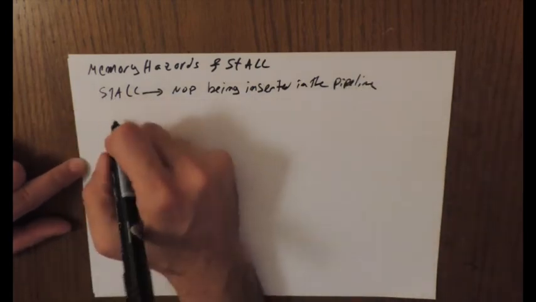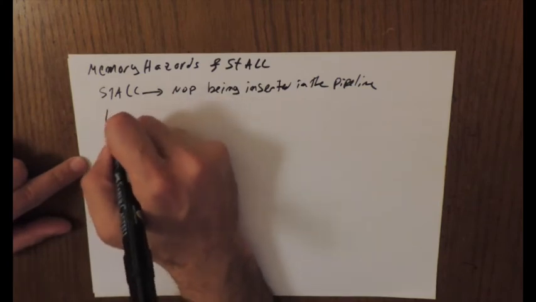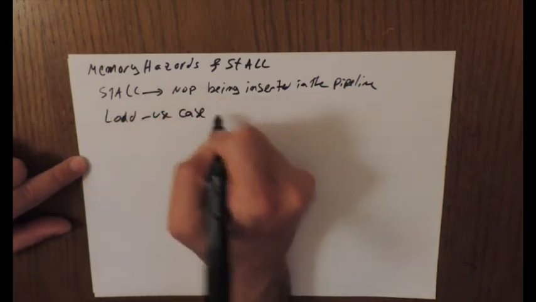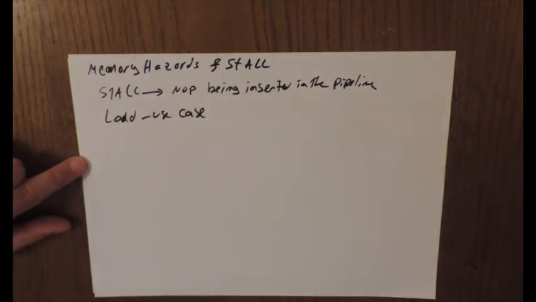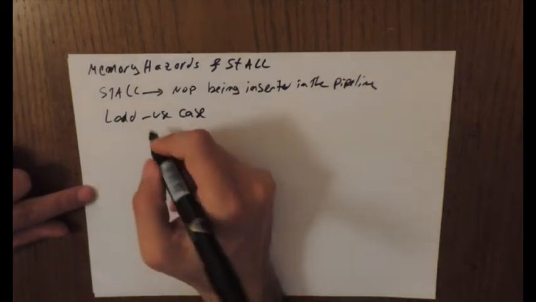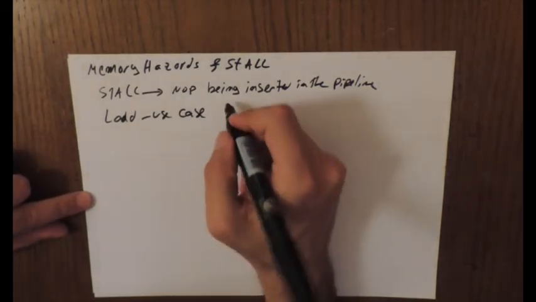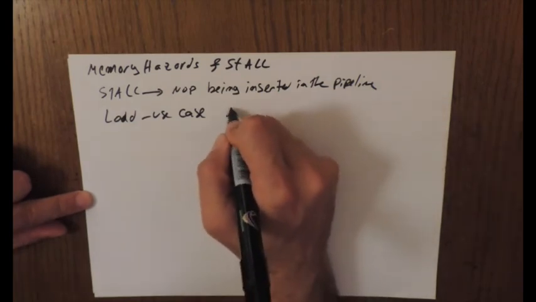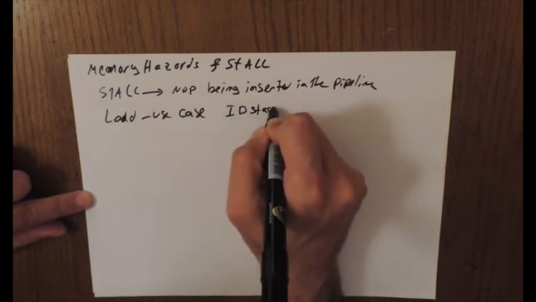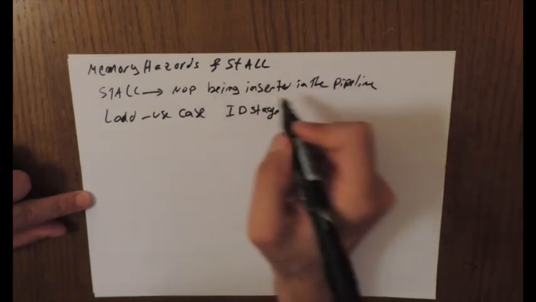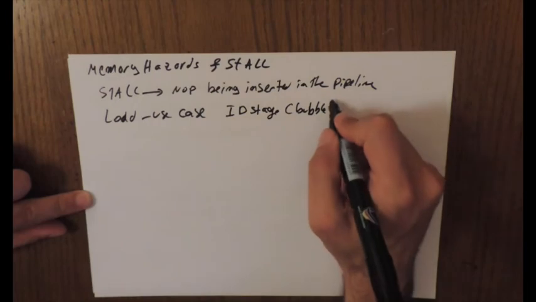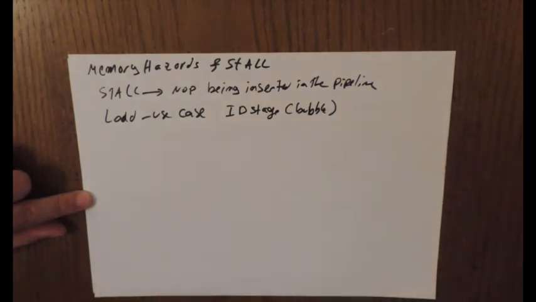So when I have a load-use case where I have a load directly followed by an instruction that uses it, I need to insert a bubble inside the ID stage. So the nop, or the bubble as we call it, is inserted in the ID stage.